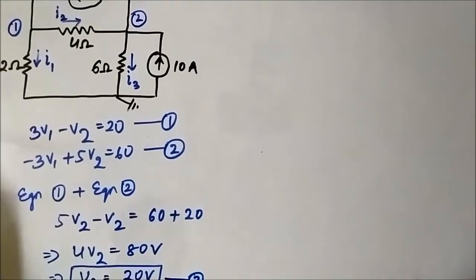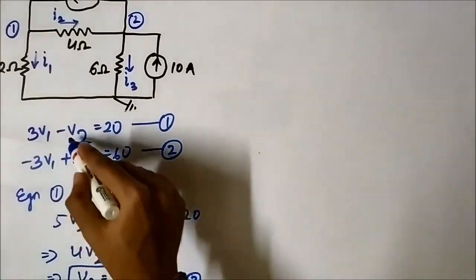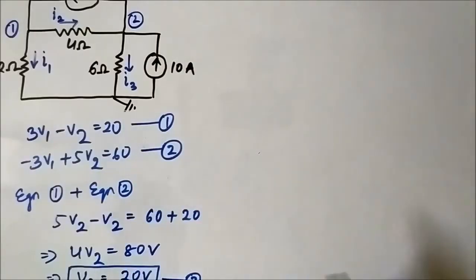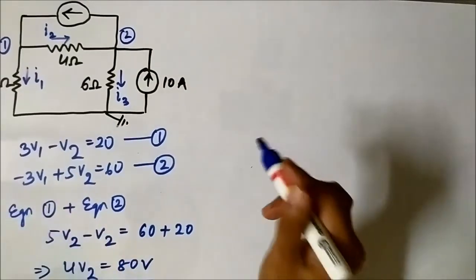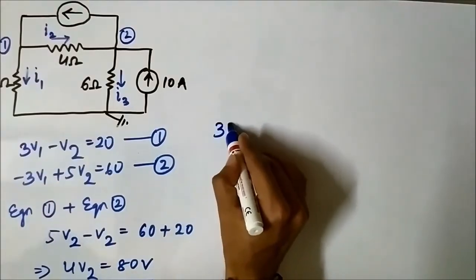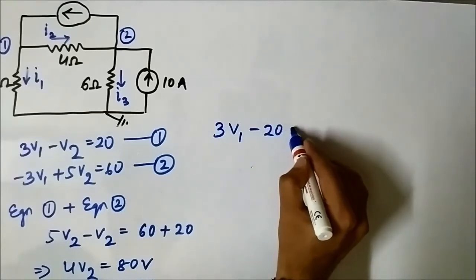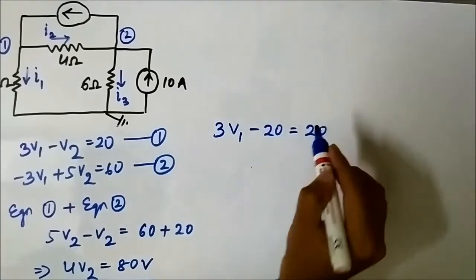Now we have to get the value of V1. So we can substitute this V2 in equation 1 or equation 2. So let us substitute it in equation 1. 3V1 minus 20 is equal to 20.